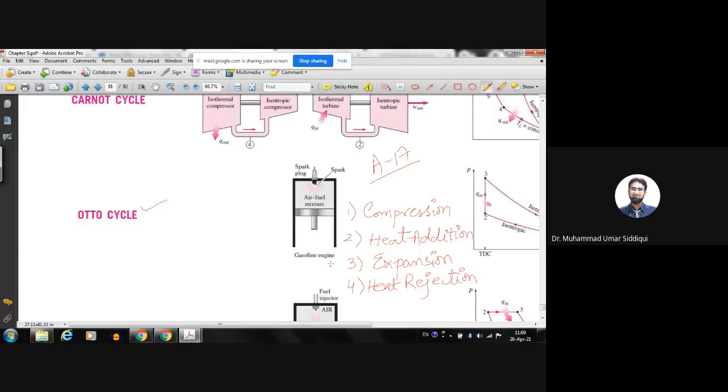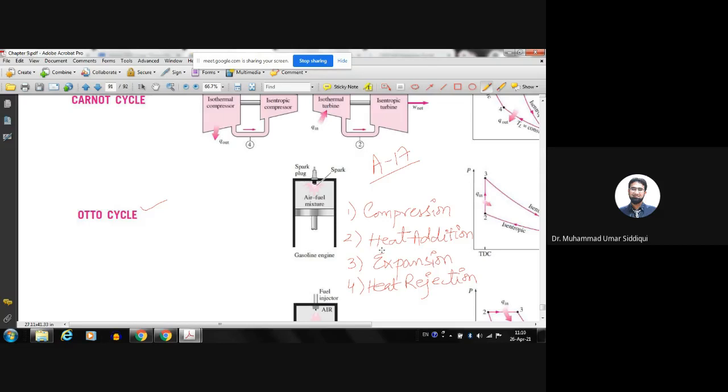Then the process continues like this: first compression, then heat addition, then expansion, then heat rejection. This happens in this specific order, and it happens in all the cycles.